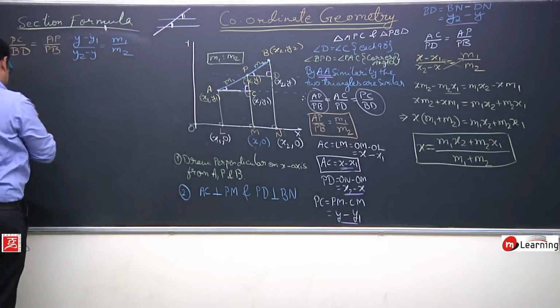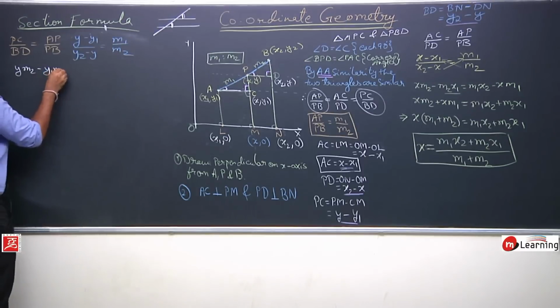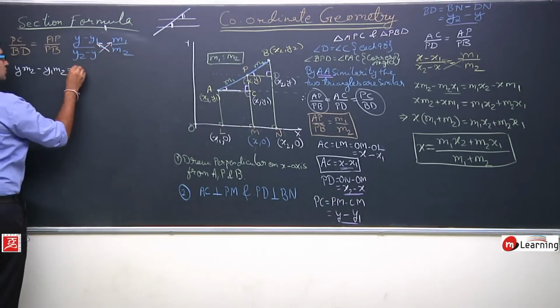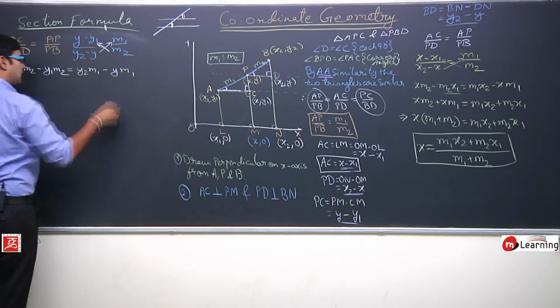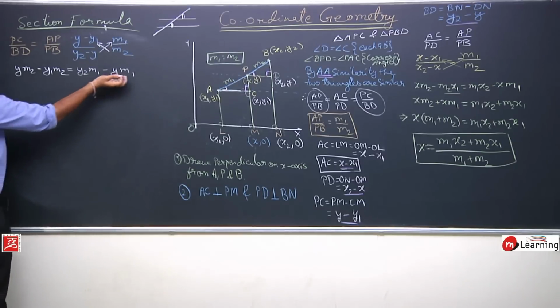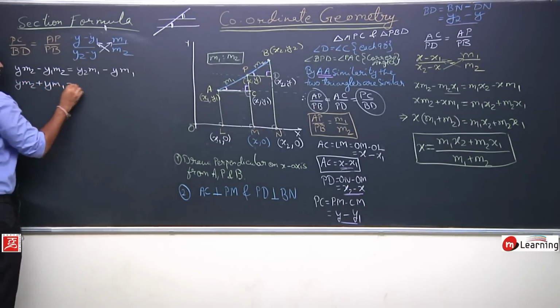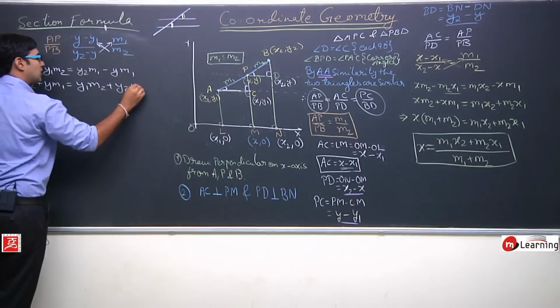So in this relation, when you solve this, you will get y m2 minus y1 m2, just a cross multiplication, is equals to y2 m1 minus y m1. Okay. Similarly, shift this term here and this term to the RHS. So y m2 plus y m1 is equals to y1 m2 plus y2 m1.